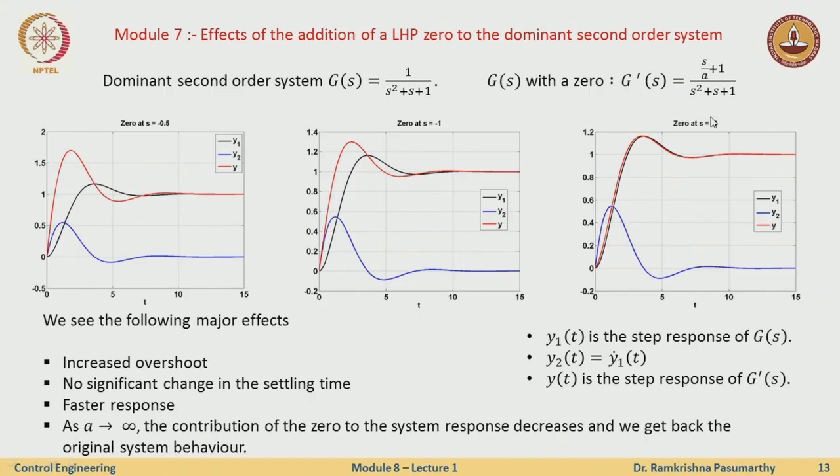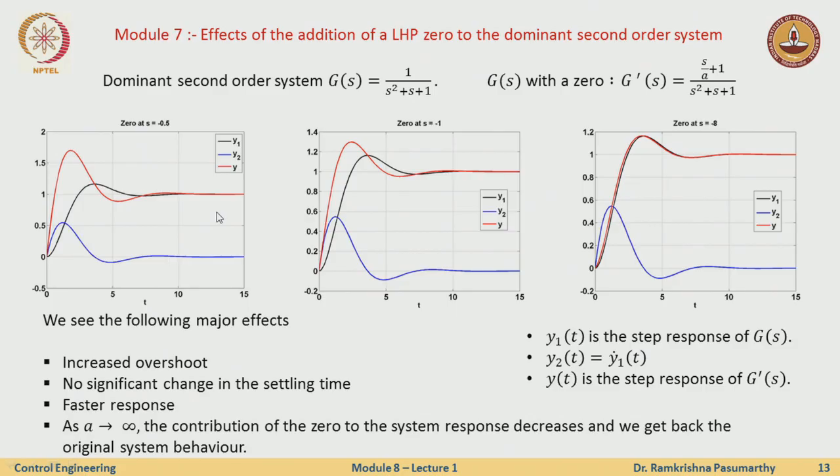If I put it further back at s equal to minus 8, then they are very close to each other. So depending on the location of the zeros, my red and black curves come closer or go further away.